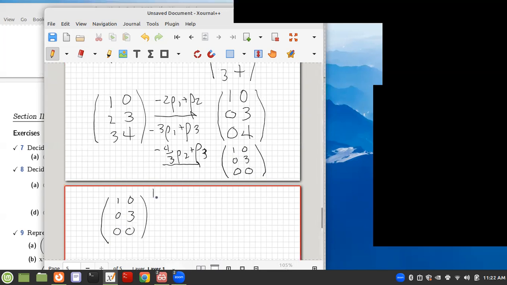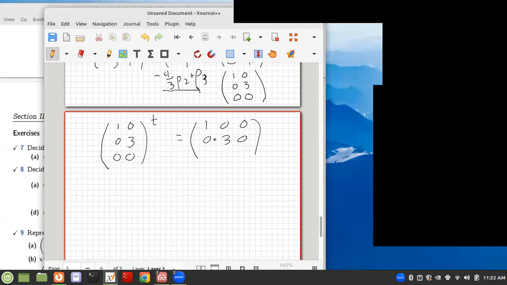The first column becomes the first row, and the second column becomes the second row. The non-zero columns form a basis, because the 0, 0 vector is not linearly independent, so we can just remove it. As a result, the basis for column space is based on 1, 0 and 0, 3.